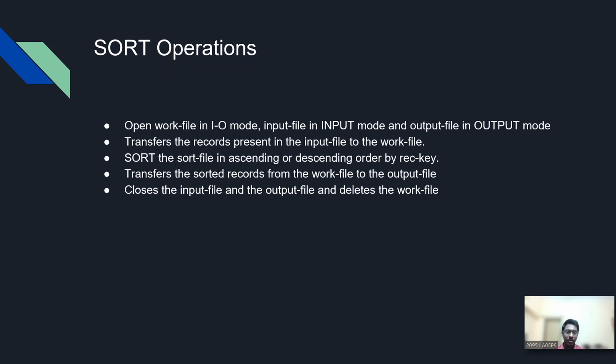But coming to COBOL, it creates an input file, then a work file, and all the contents are transferred from the input file to the work file. The work file sorts all the data it's collecting, and after sorting the whole input file, it transfers all the contents present in the work file to the output file.